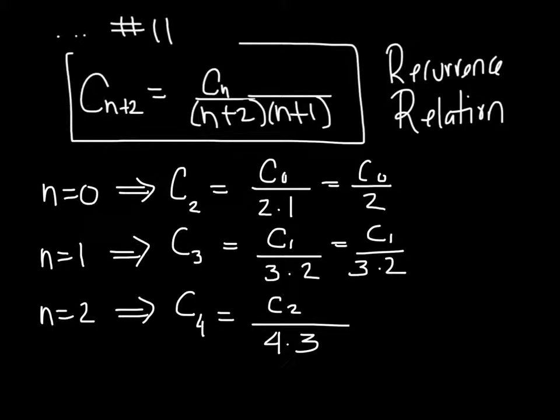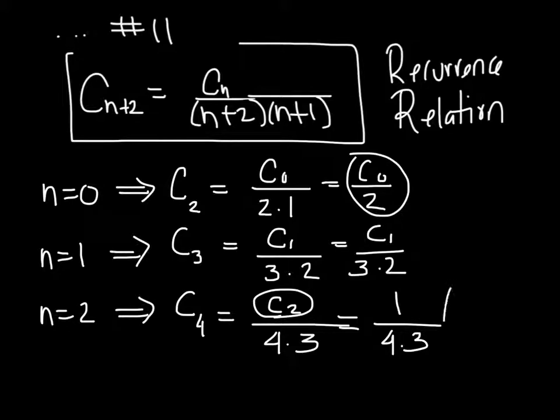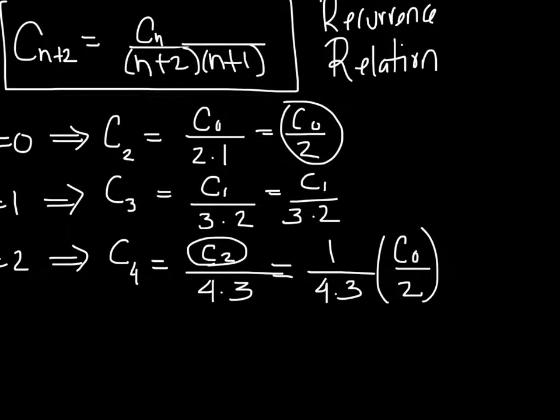But here we actually have a C2, right here, so I really have C naught over 2 times 1 over 4 times 3. I'm going to leave this as C naught over 4 times 3 times 2, which we know is 24, but again, there's a reason why I'm leaving the factors as they are.